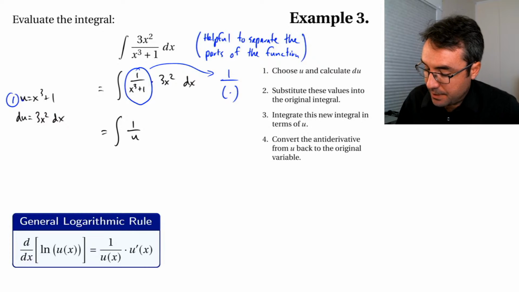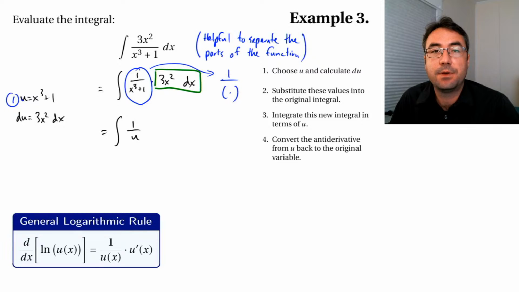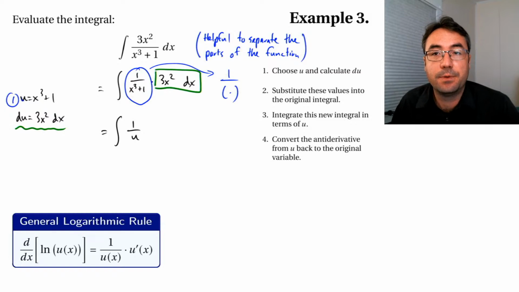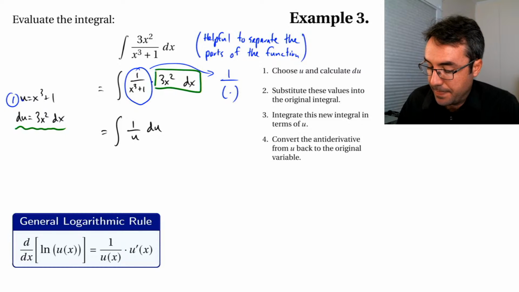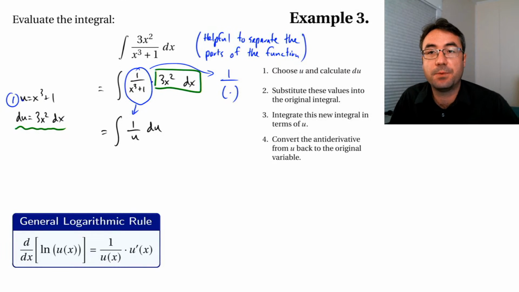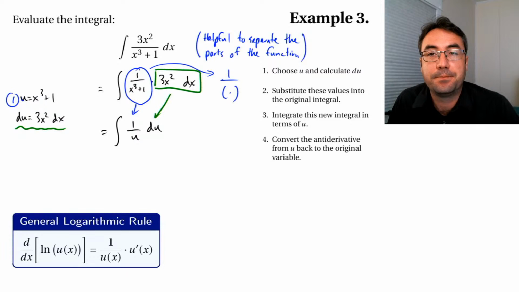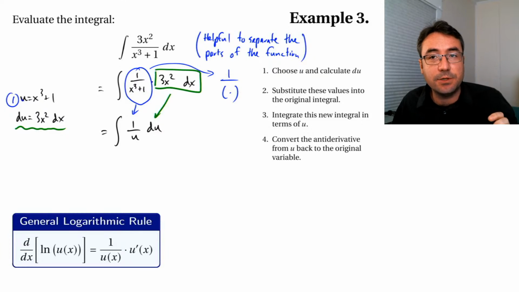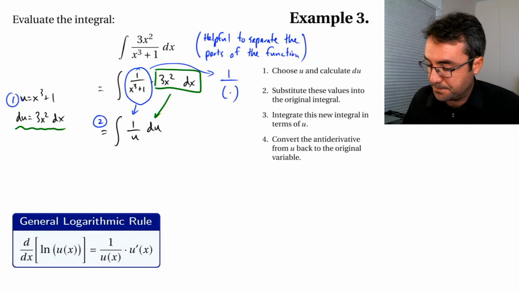And then the 3x squared that we had left over, together with the dx, is a nice perfect match. That's exactly what we calculated for du. So the 3x squared dx becomes du. So step 2 is just to take those different pieces, u and du, and substitute them into your integral.